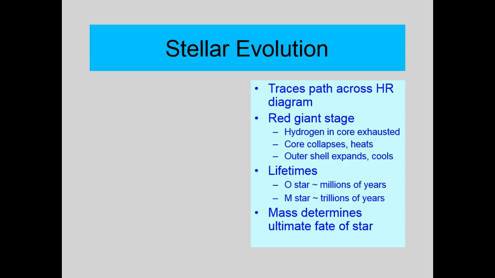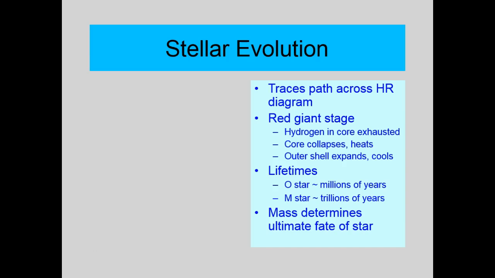Okay? So, the core collapses. Okay? Remember, you have the outer shell out here. The core is collapsing, but the outer shell is now kind of expanding. Okay? Now, they don't tell you exactly why, but that's what's happening. So what does the star do?